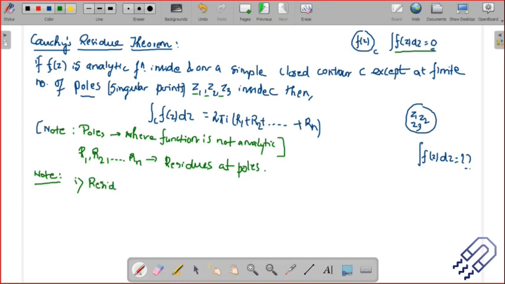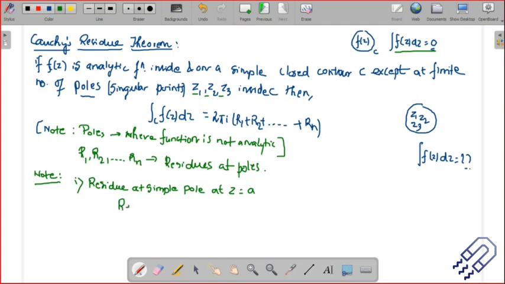So the residue at a simple pole at z equal to a. This is one point, let's say.